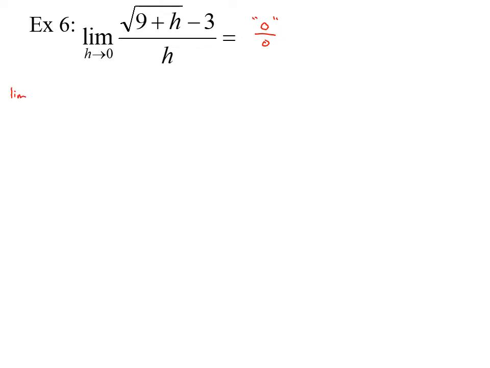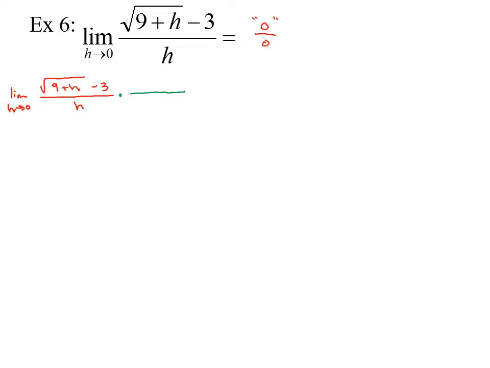So let me show you what I would do. I'm going to do the limit as h goes to 0. Let me just rewrite the problem for you. Square root of 9 plus h minus 3 over h. My suggestion to you is that if you have a square root that you're trying to simplify because you're getting a 0 over 0, let's do a very clever way of multiplying by the conjugate.